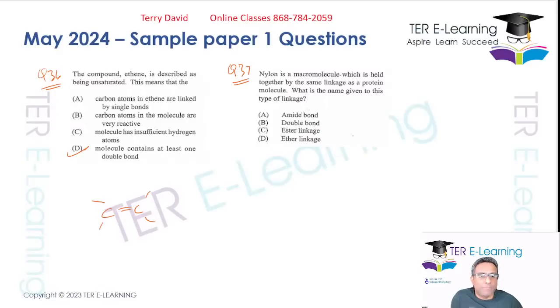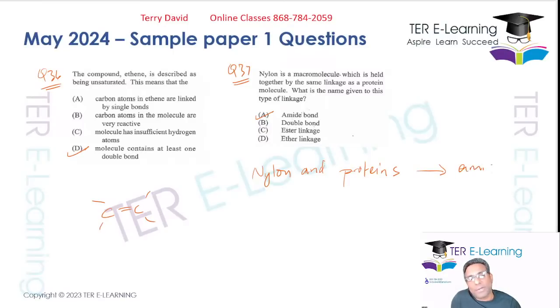Alright, so a lot of people saying the answer is A, right? I agree. Nylon and proteins have what we call the amide linkage, right? Nylon and protein contain the amide linkage.